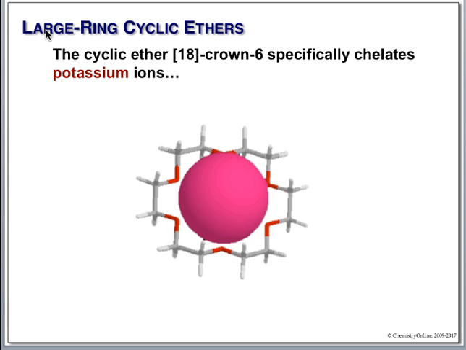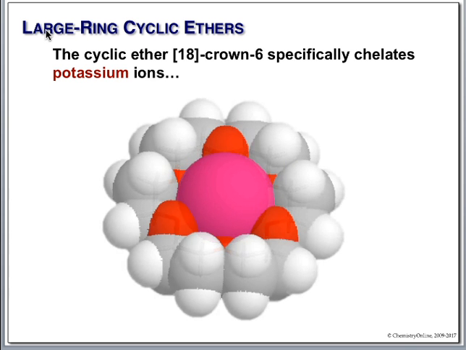But if you dump in some 18 crown 6, this will wrap around the potassium. That makes this entirely organic solvent soluble. So you can put a potassium salt in an organic solvent. That's what it looks like in real life. It's just beautiful, the way it just kind of sits in the little hole there.